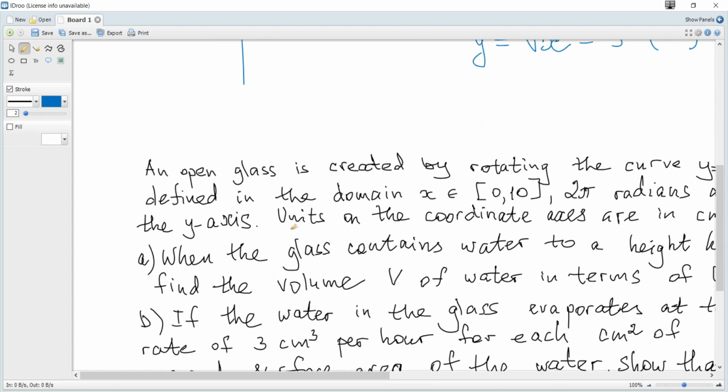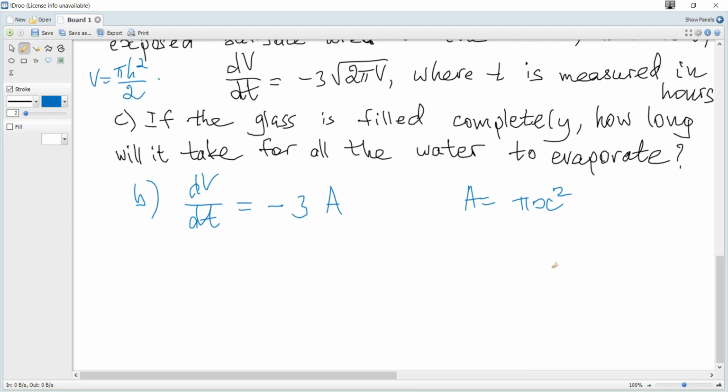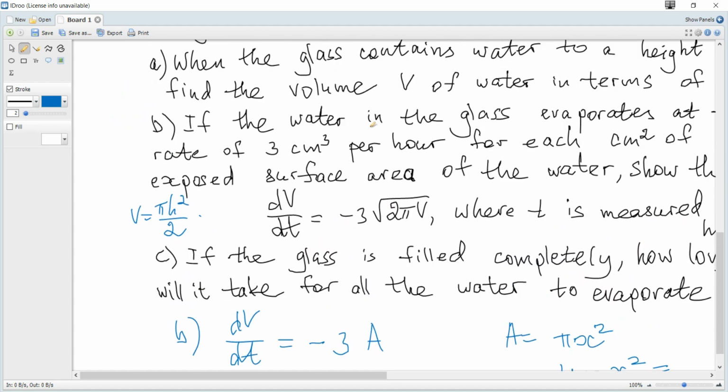So it will be surface area. Surface area is just the area of a circle with radius x, at some arbitrary height. So area is pi x squared. But we know that y is x squared, and for some arbitrarily chosen x value, the y coordinate is our height.